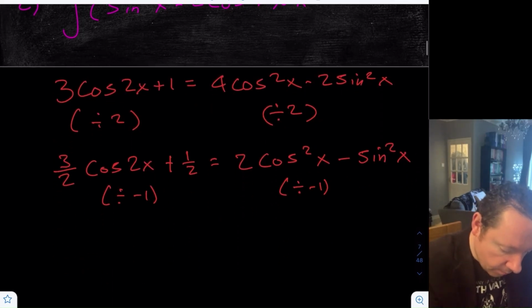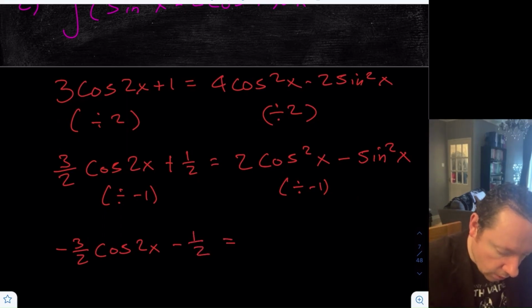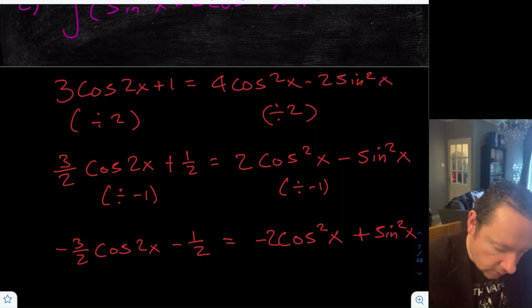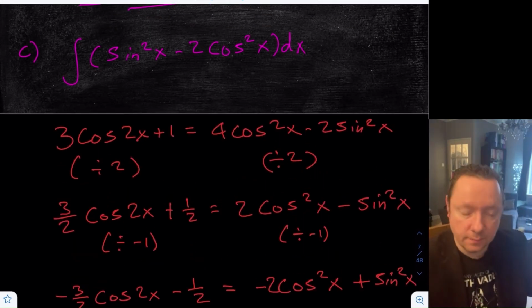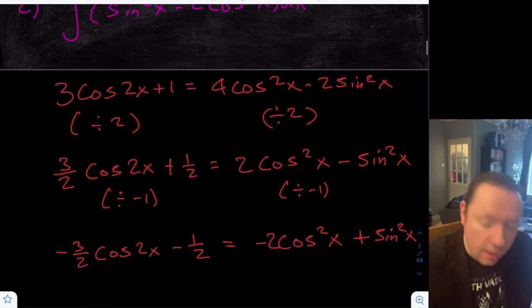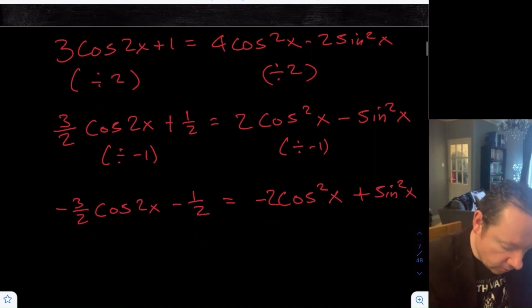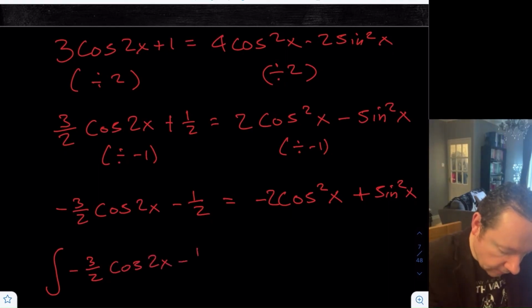Then you get minus 3 over 2 cos 2x minus a half equals sine squared x minus 2 cos squared x, which is exactly what I'm trying to integrate. So if I can integrate my left-hand side, my integral becomes the integral of minus 3 over 2 cos 2x minus a half dx.